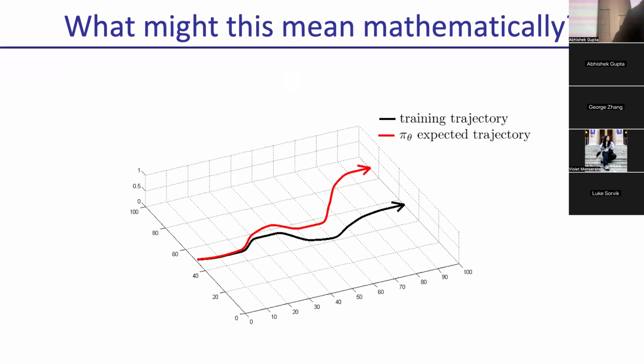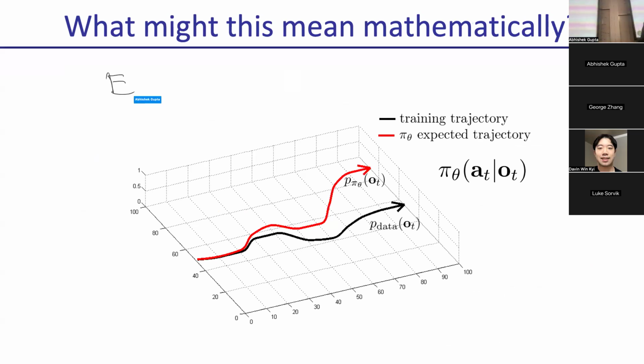Alrighty. So how do we get there? The key idea that drives a lot of these algorithms is that you want to try to make your training distribution as similar as possible to your test. The reason we had this mismatch was that our training distribution had states and actions drawn from pi star, and then we optimized pi theta.